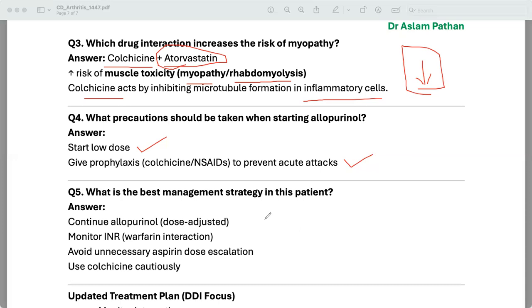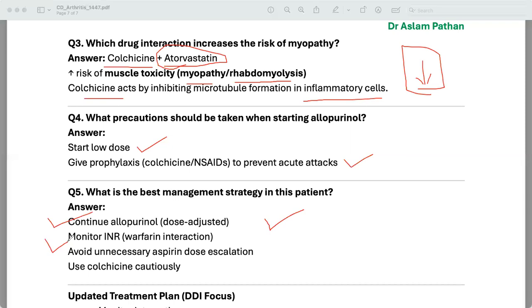What is the best management strategy in this patient? The best management strategy is to continue allopurinol because it is a chronic case, check the dose, and monitor the INR.